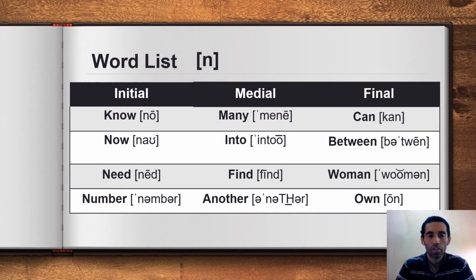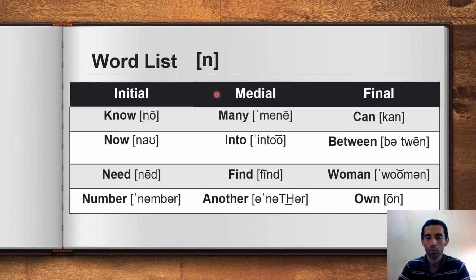Now we have the chart of the word list when the N sound is pronounced in initial, medial, and final. So let's start with the initial with the letter N. And we have words as in no, now, need, and number. Those words have the N sound in the initial position.